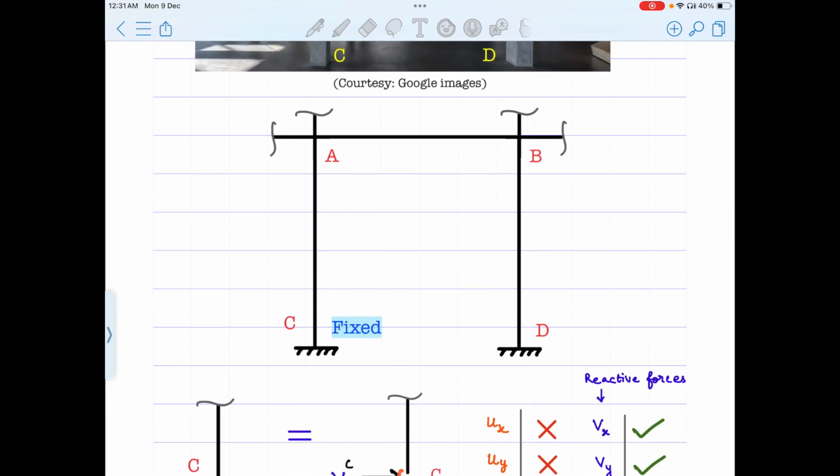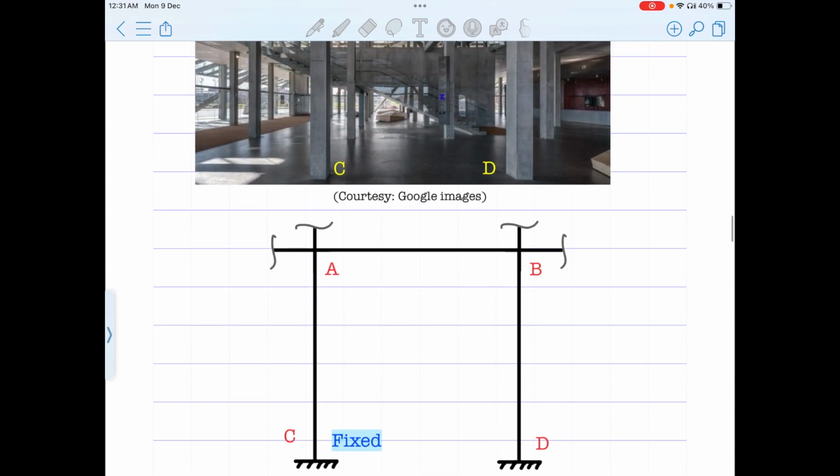In practicality, that means in reality, all joints are semi-rigid. Okay, we usually go to the extreme cases to make the analysis simpler. That is, the pinned one as well as the fixed one are extreme conditions. Usually, the intermediate one called semi-rigidity is what the reality is.